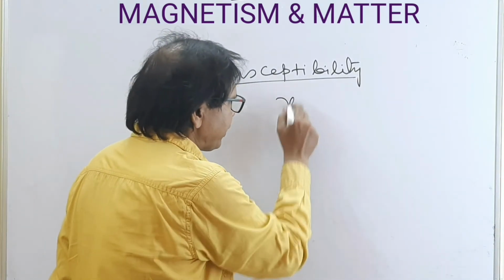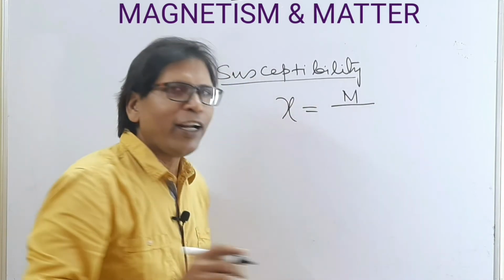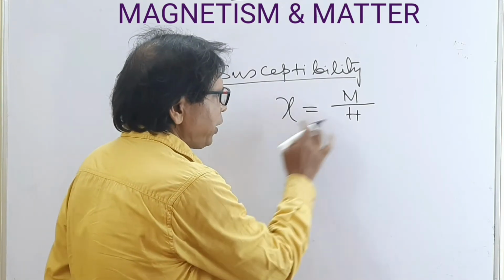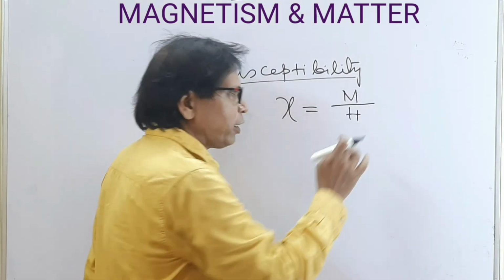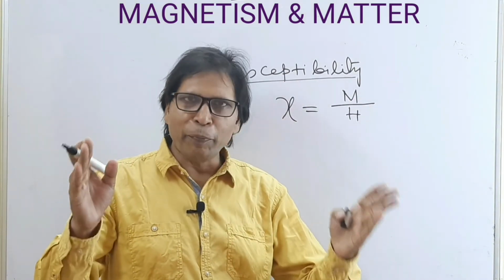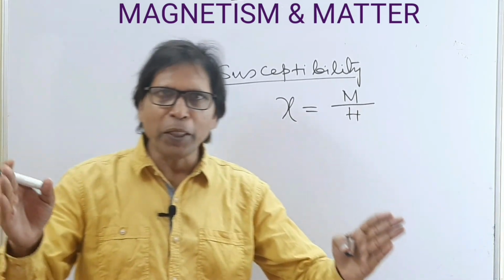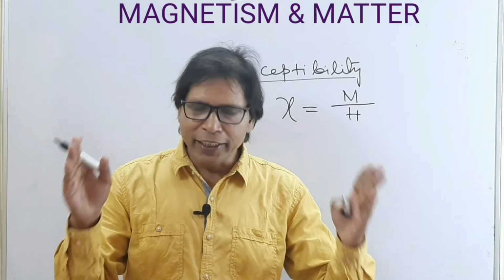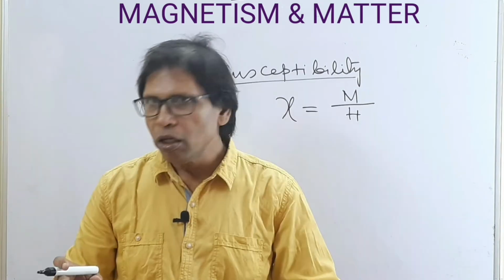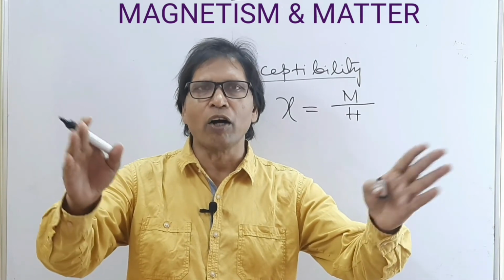The susceptibility Chi is equal to the ratio of intensity of magnetization to magnetic intensity. So the susceptibility equals capital M by capital H. M has unit ampere per meter, H also has unit ampere per meter. So it is a dimensionless quantity. The susceptibility of iron and steel is almost equal. But the susceptibility of iron or steel is greater than the susceptibility of nickel or cobalt.